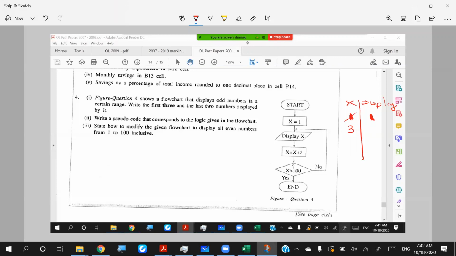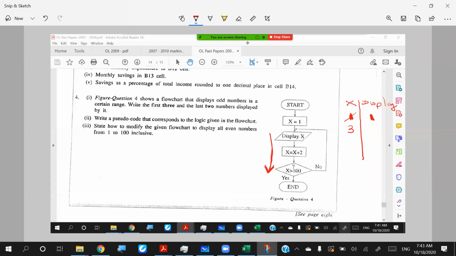Now when we go upward, one iteration is done. So an iteration happens from this point to this point, it is one round. When we come down again, that means the second round. So for the first round, 1 is displayed and the x value is going to be 3, right?